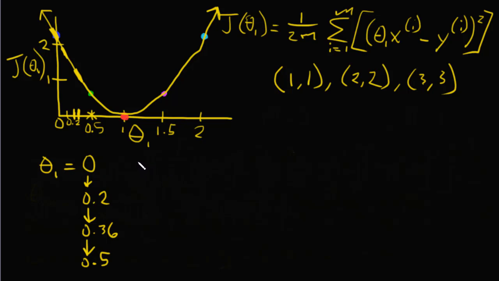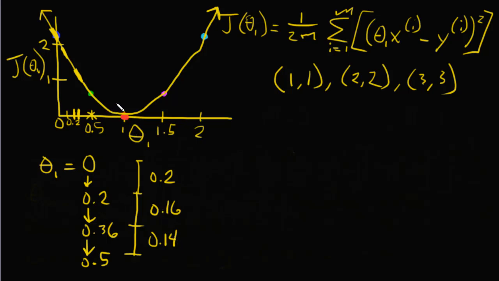Well, the distance between my first two guesses is 0.2. Between the next guess, it's a value of 0.16, and then the next guess, that amount is 0.14. So what we can see is that the amount that the theta 1 value is changing is slowly decreasing. Started with 0.2, next guess was 0.16, next guess was 0.14.